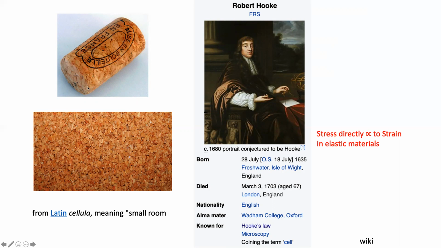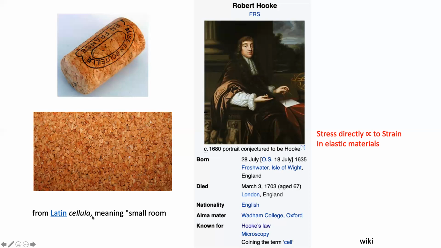If you look carefully with the magnifying glass, you will see many small pockets or small little rooms in the cork. This word came from Latin, cellula, which means small little room. Since then, these small pockets have been called small little rooms.